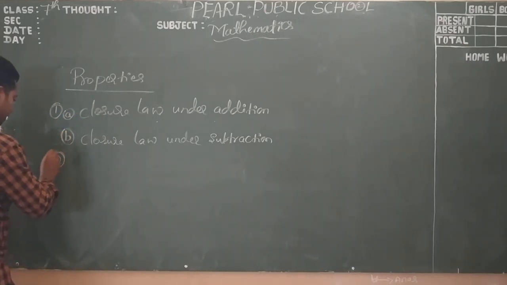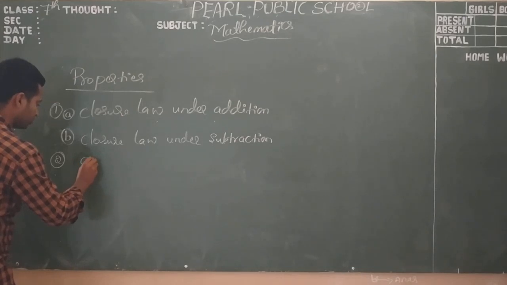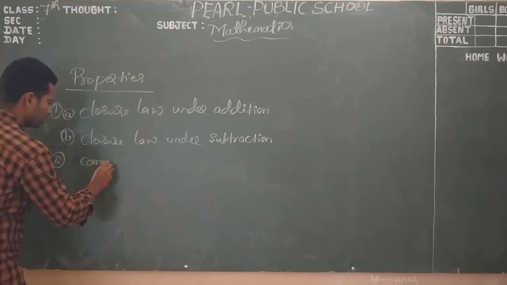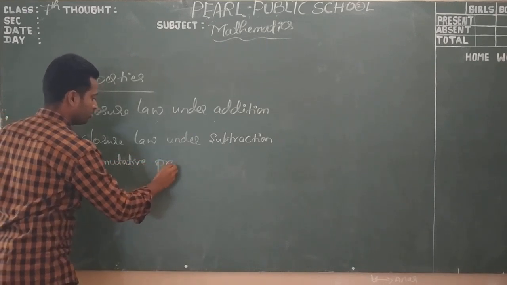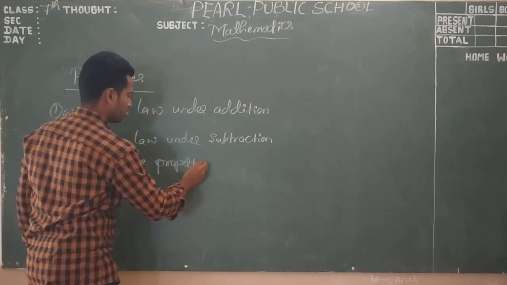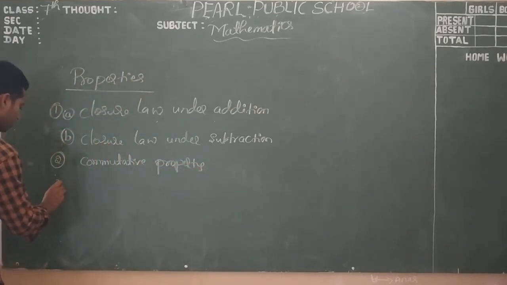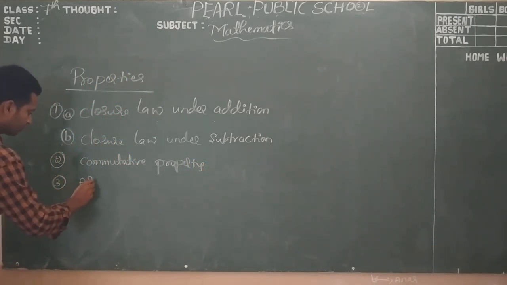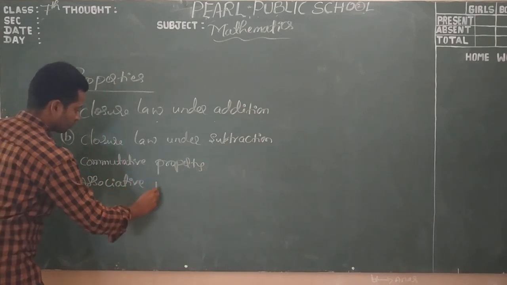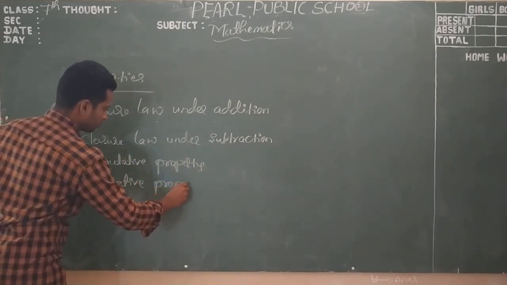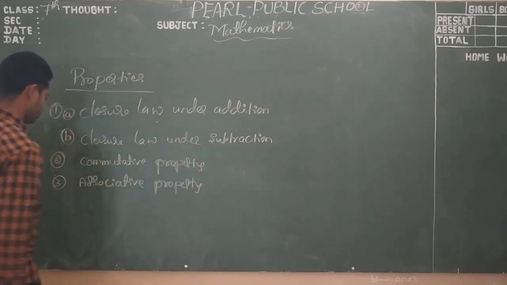Okay, and the second one is the commutative law, the commutative property, and the third one is the associative property. Okay.